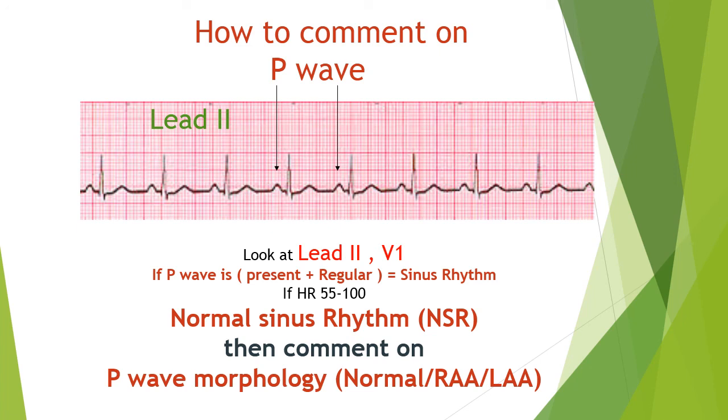If it is more than 100, it's sinus tachycardia. If it is less than 55, it is sinus bradycardia. Then we will comment on the P wave morphology, either normal morphology or showing characteristics of right atrial abnormality or left atrial abnormality, or both by atrial dilatation.